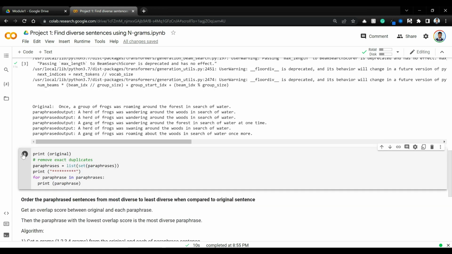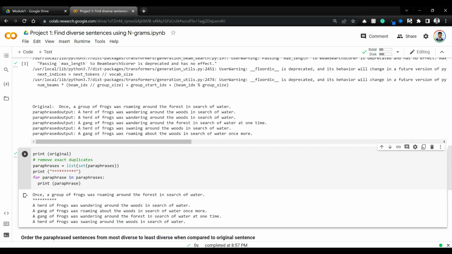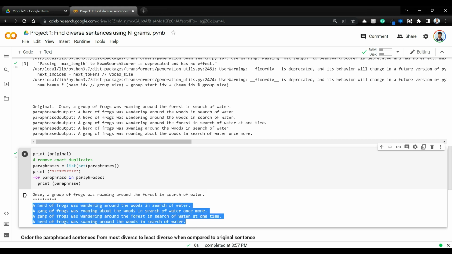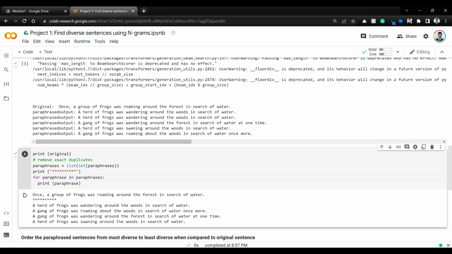So let's run this cell where we are just storing all the things. So again, we just have our input sentence and we have almost 4 diverse paraphrases that are generated for this input sentence.